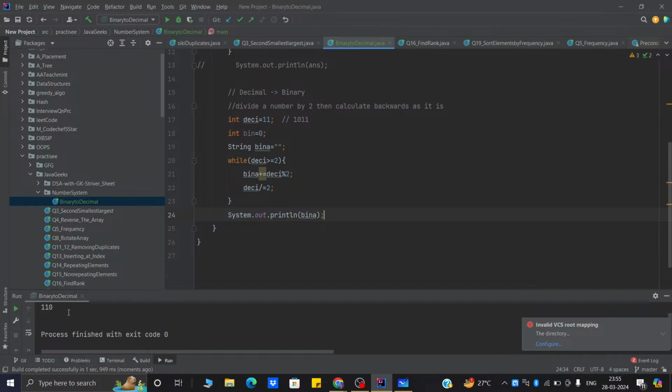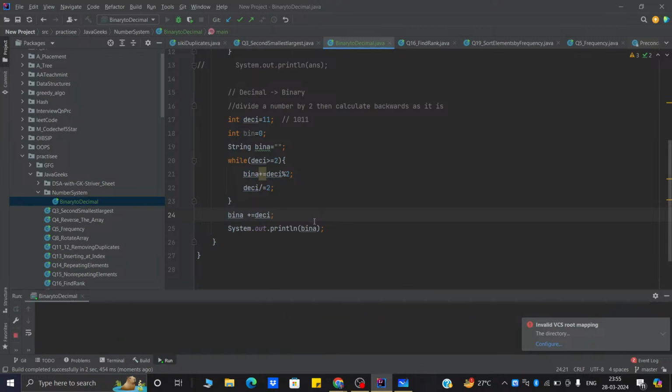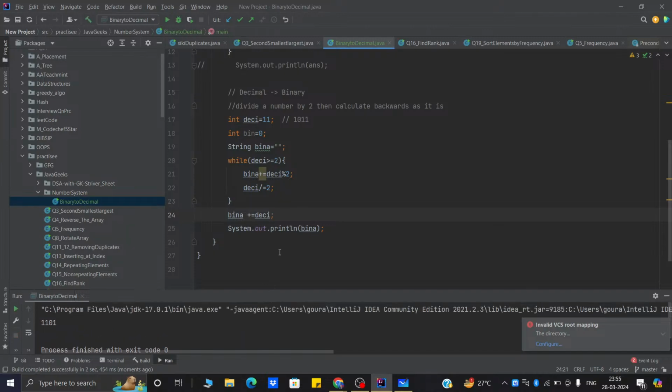Yes, it is 110, and the last one is... I think decimal should be greater than 0.